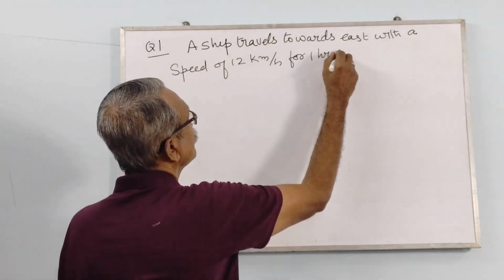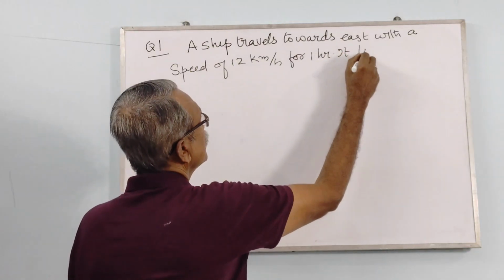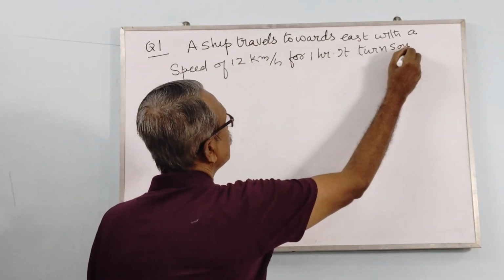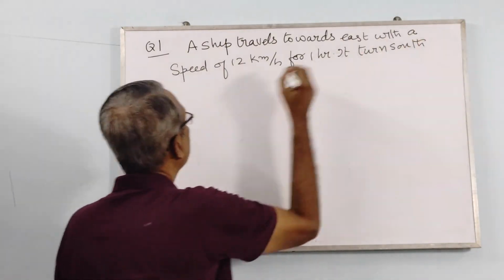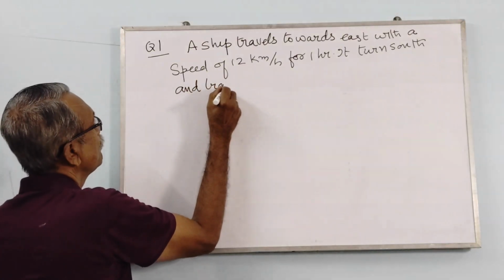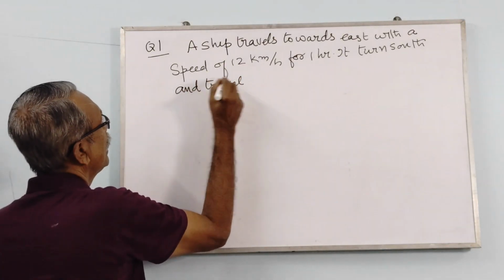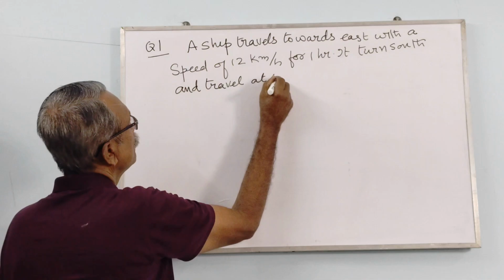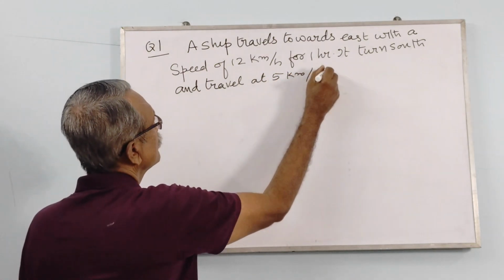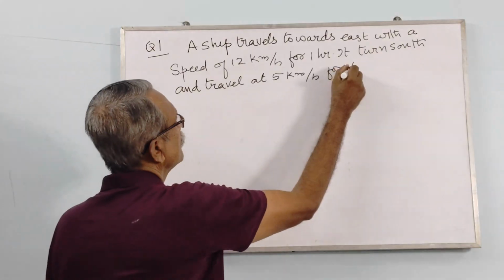It turns south and travels at 5 kilometer per hour for 1 hour.